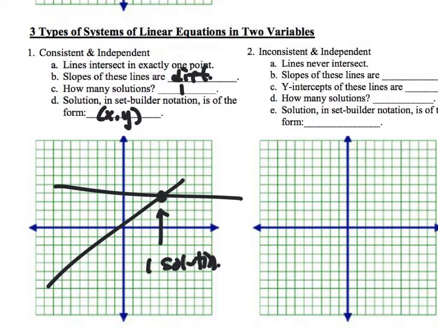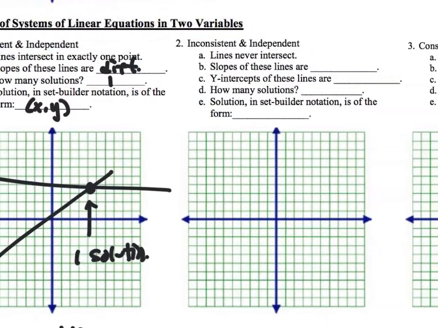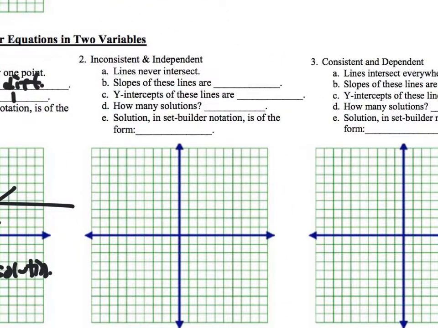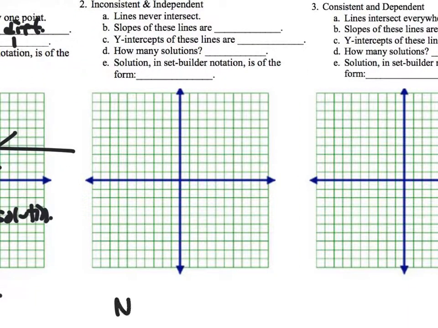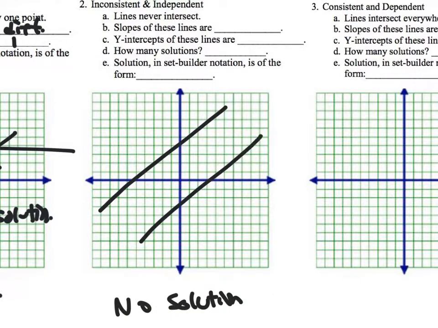Now, something that's inconsistent and independent would have no solution. These would be lines that are parallel, so they never touch. They don't intersect.